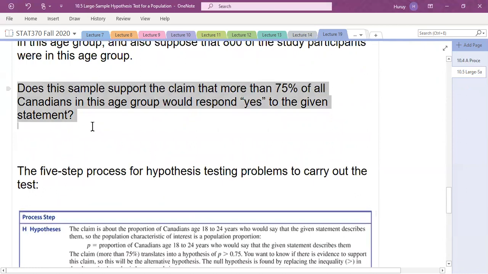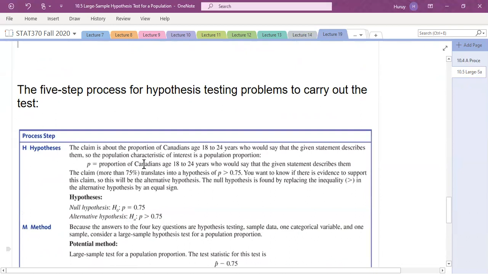The first thing is we need to figure out what the population of interest is. The claim is about the proportion of Canadians aged 18 to 24 years who would say that the given statement describes them. So the population characteristic of interest is the population proportion.